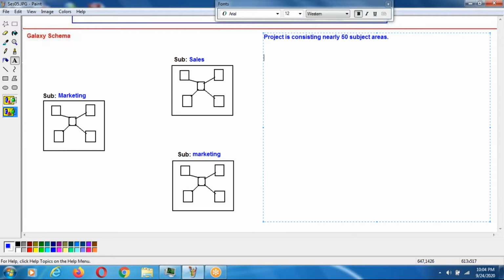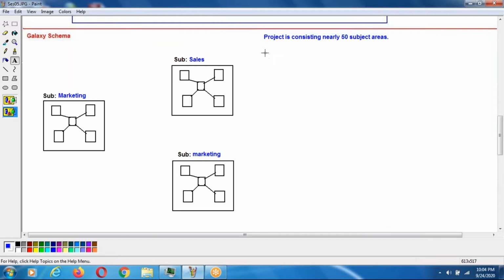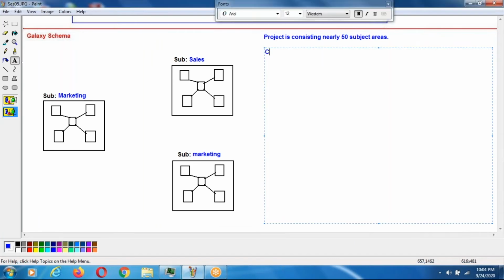Now the client is studying each and every table. In this process, for example, the client noticed that a particular table is used again and again, designed again and again. So a total of 50 subject areas are there.